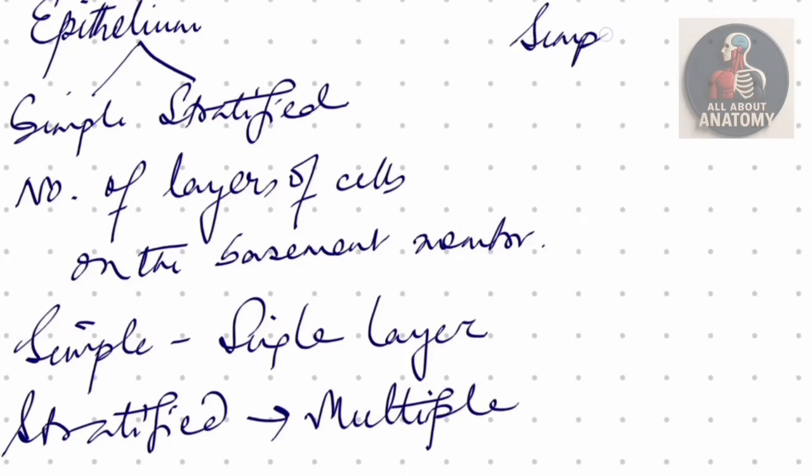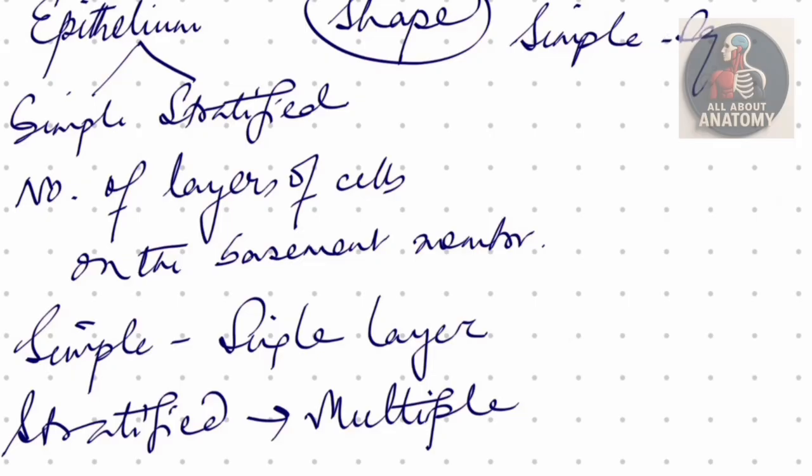But again, simple and stratified can be classified into different epithelium based on the shape of the cells. So it's based on the shape now. That is simple squamous, simple cuboidal, and simple columnar.